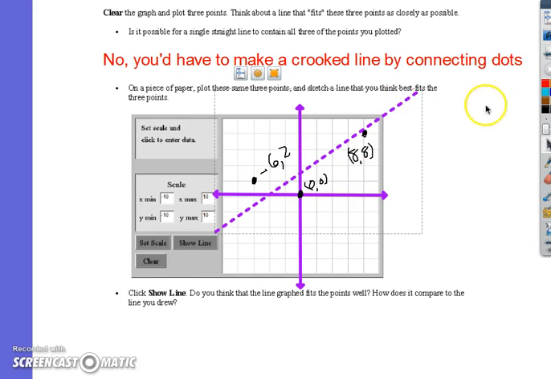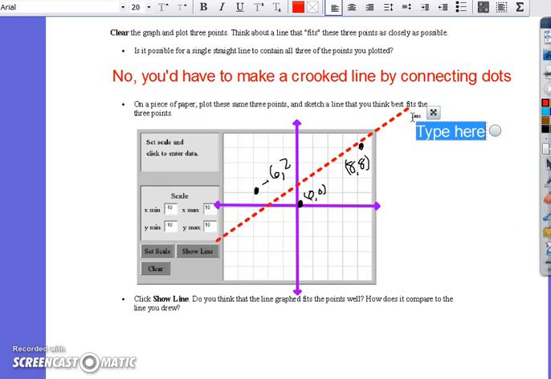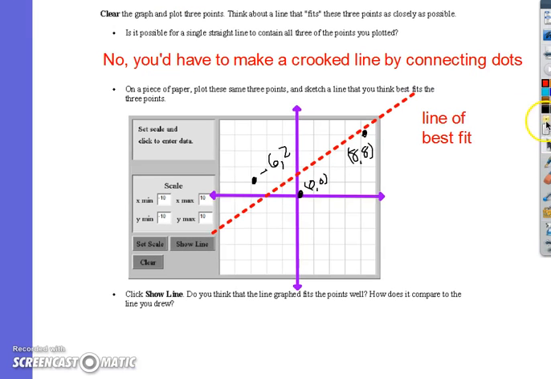So what you do is you put your ruler down once, and then you draw the line that gets as close to the dots as you can. All right, and the name for the thing that I just drew is the line of best fit. It's not the line of perfect fit, it's the line of best fit. So this dotted line here gets as close to the dots as I can.